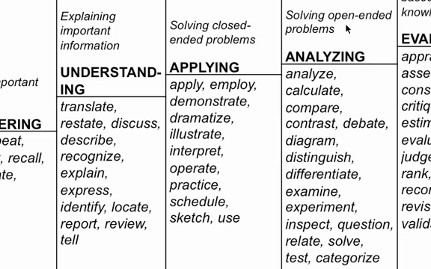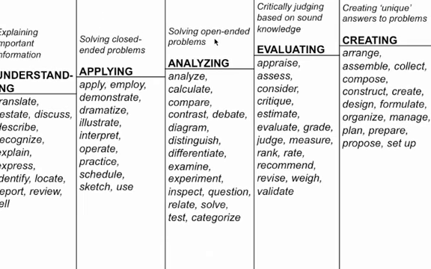The next level of cognitive complexity is analysis, so the idea being that our learners are able to analyze based on what they have remembered, understood, and applied in order to solve more open-ended or more complicated problems.